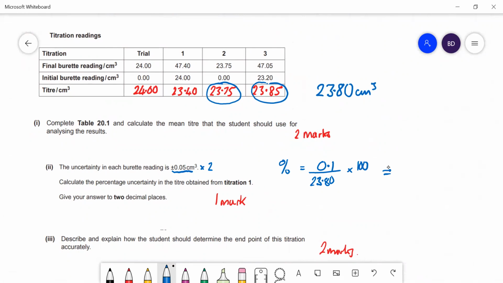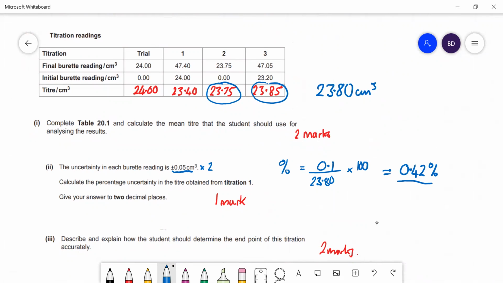So that gives us 0.42%. Okay, to 2 decimal places, there's our answer there.